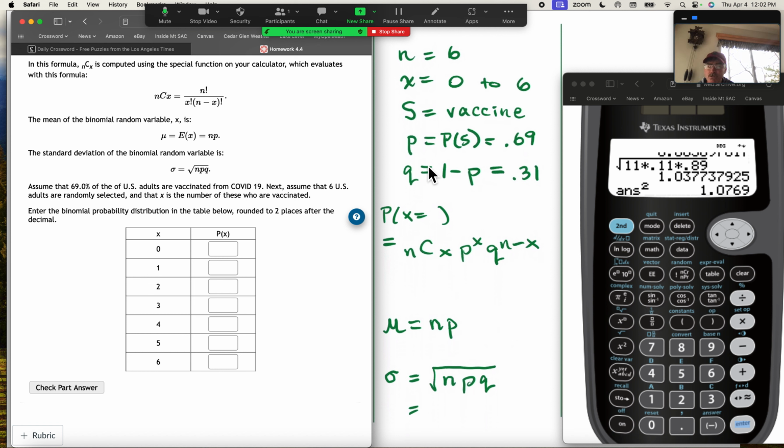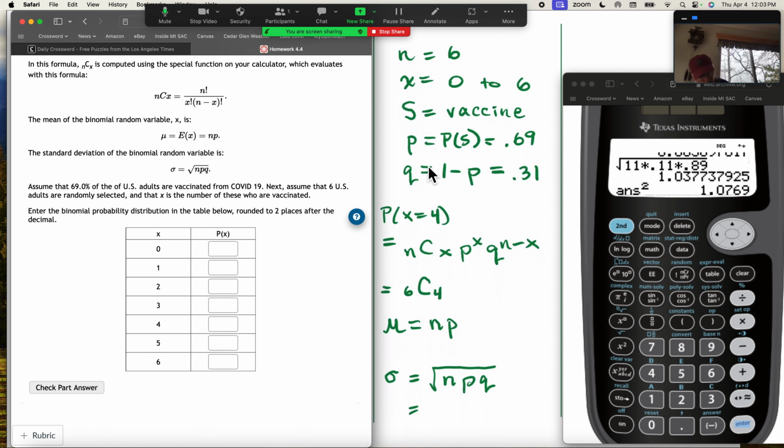Okay, and now the formula for the probability of x is here. I think let's do the probability of 4 successes. So just for this one, I'm going to do x equals 4. Okay, and so the formula would be n choose x. That would be 6 choose 4.